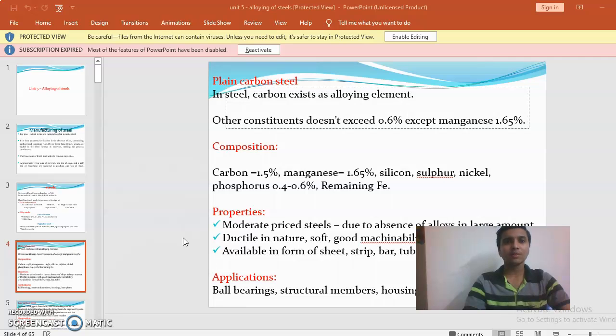Applications include ball bearings, structural members and housing base plates.